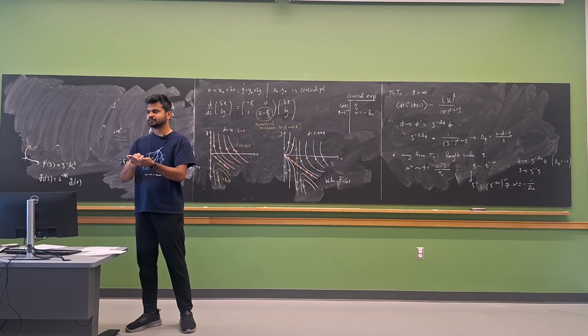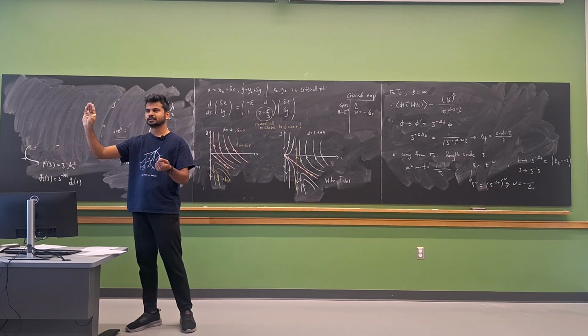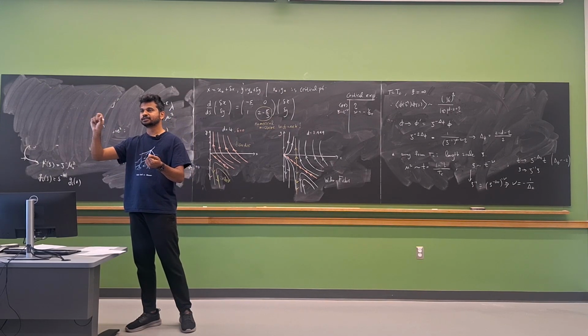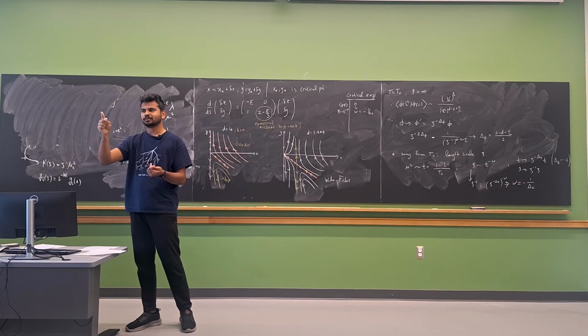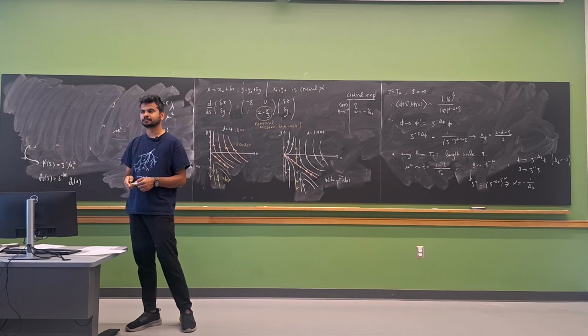So the divergence should be characterized by T minus Tc to some power, right? The divergence is when you go from T to Tc. And these powers are the critical exponents.